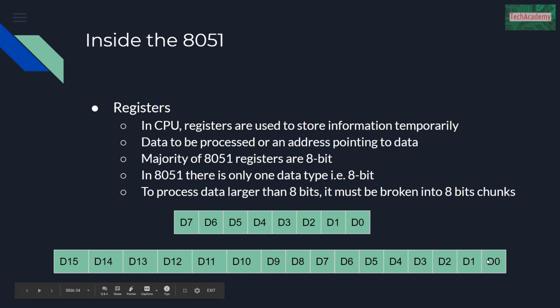This is the least significant bit and D15 is the most significant bit, that is the MSB. So to store 16-bit data, the LSB should be here and the MSB should be here. This is how we can store 16-bit data into a 16-bit register.